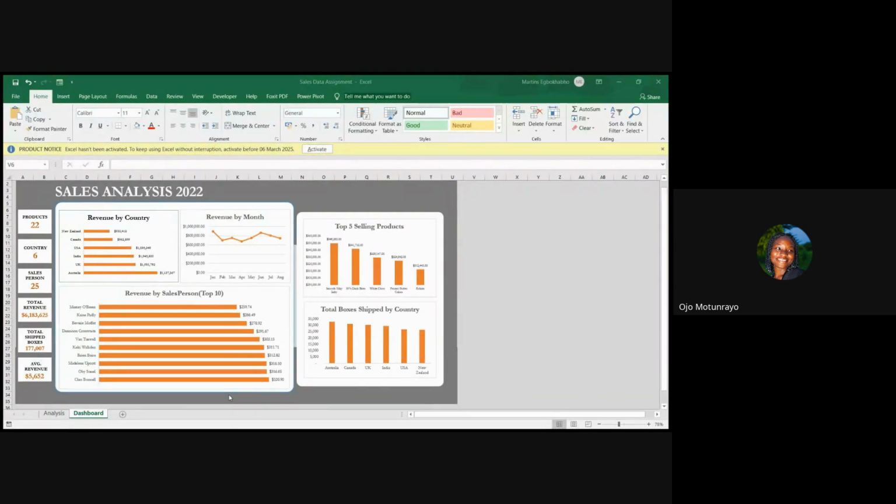Your KPIs are very well aligned. I love it. But you can just reduce your product and country font so that it will not be bigger than your figures. I literally love almost everything about this dashboard, I must say. Thank you. Yeah, it's beautiful.